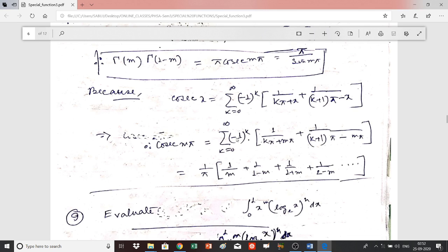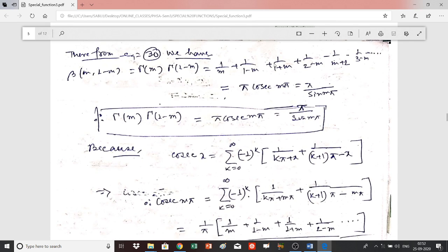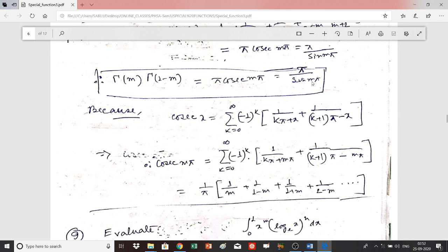Then if you use k = 1, you will get these terms with every term multiplied by pi, and if you take pi as a common term, then you will get this. So we can now understand why this series can be written as pi cosec n pi. So this identity has been proved.